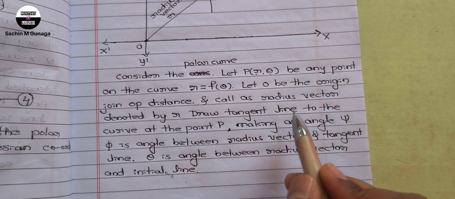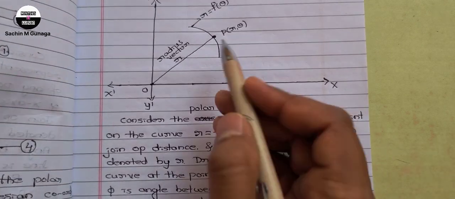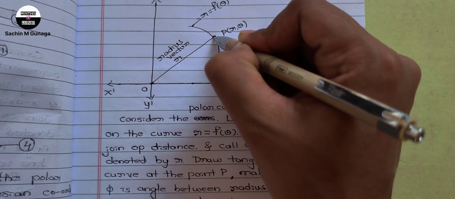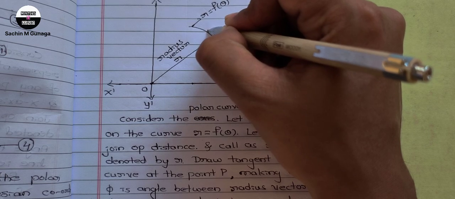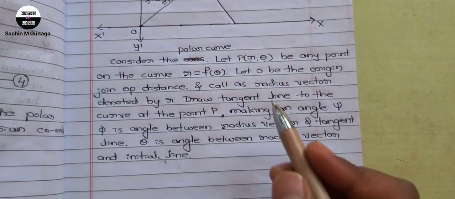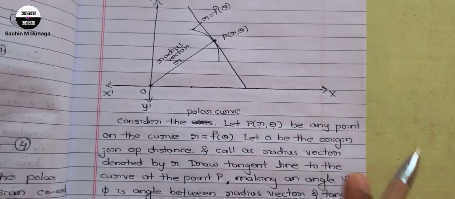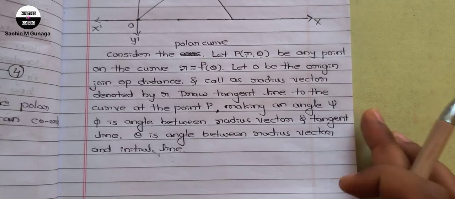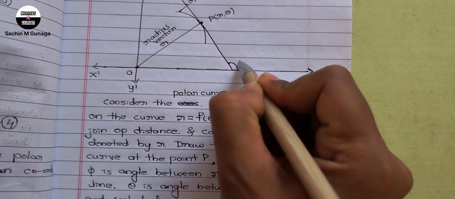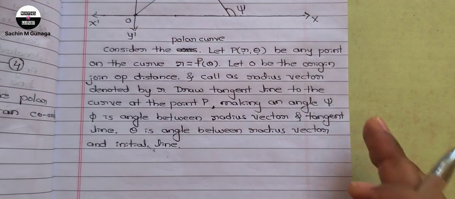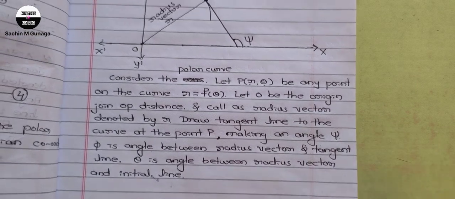Next, draw the tangent line to the curve at the point P. So this is the tangent line to the curve at the point P, making an angle psi. Psi is the angle between the radius vector and the tangent line, and this angle also becomes psi. Next, theta is the angle between the radius vector and the initial line.